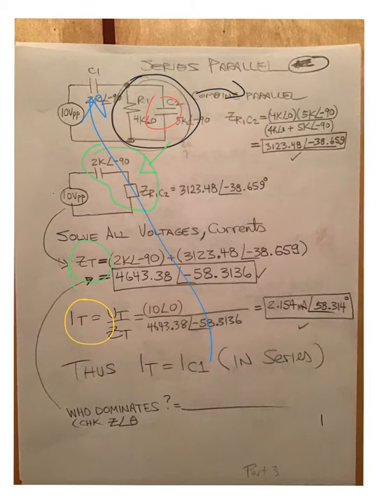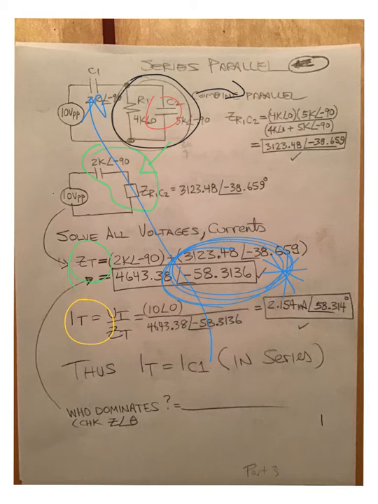Now, before we go off and do that, I want you to answer me one question. It's a series parallel circuit. Doesn't matter if there's 3 parts, 4 parts, 10 parts. Somebody says, who dominates this circuit? Where do you go? You go to the impedance total, right here where the star is. And you see the angle minus 58 says, hey, we are heavy capacitive in this circuit.